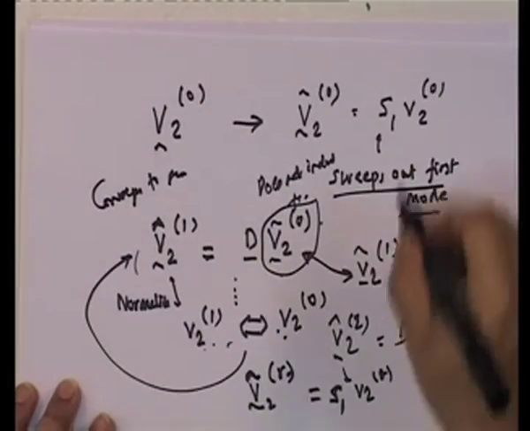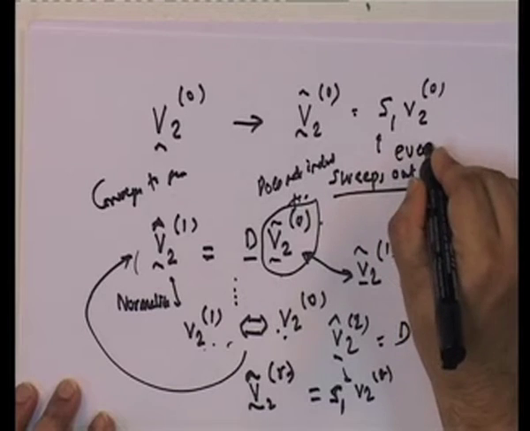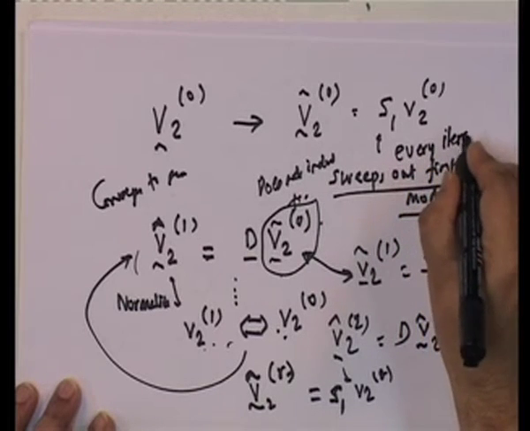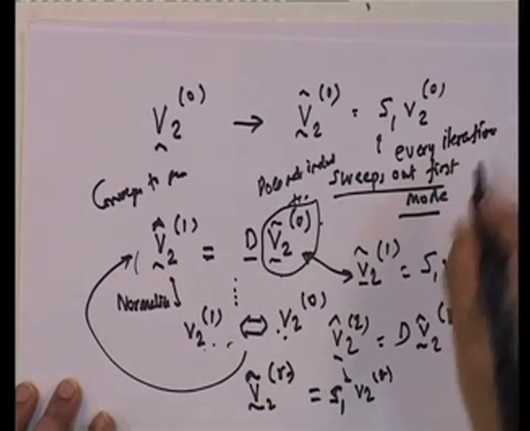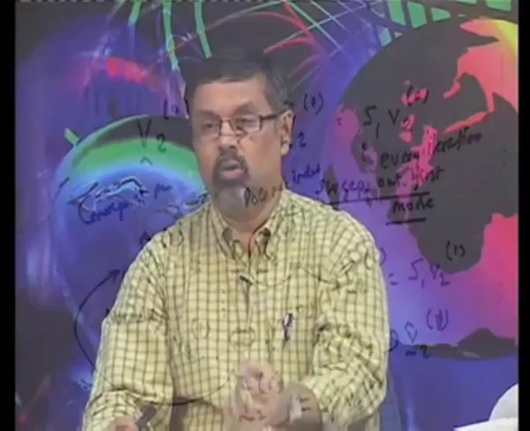Why? Because if you don't sweep it, some value of phi 1 will come into this one, and if you iterate more, it will converge to the first mode. So you have to sweep out the first mode at every iteration.